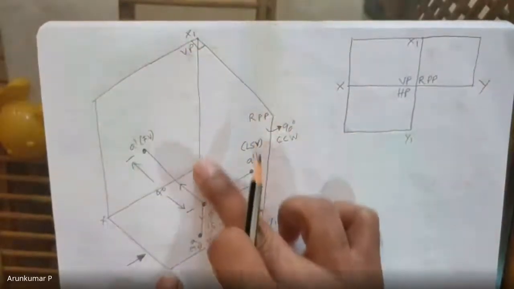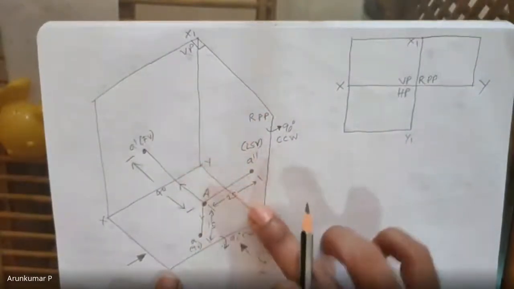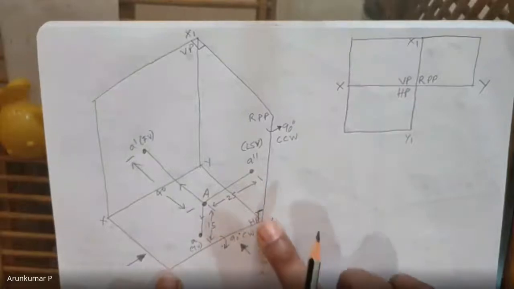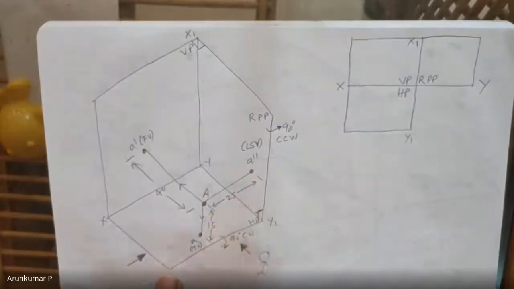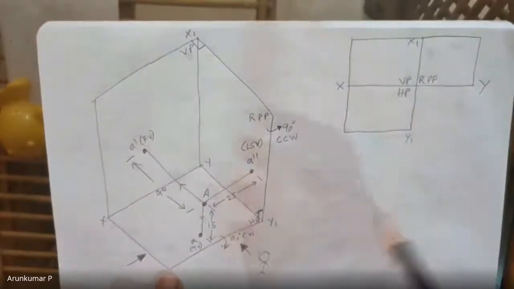So X1 till the XY line and then down here. So what will happen to this line is when HP goes down, this Y1 will also go down. So the X1, Y1 line is also called X dash, Y dash. In some books, if you see, it will be X dash, Y dash. So this is what happens when the side plane is introduced.